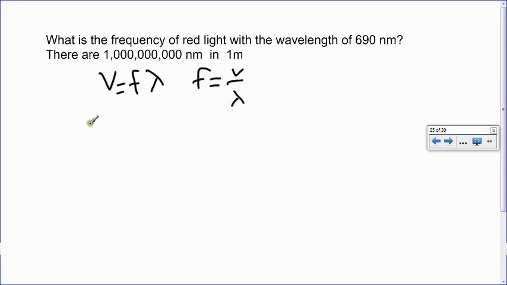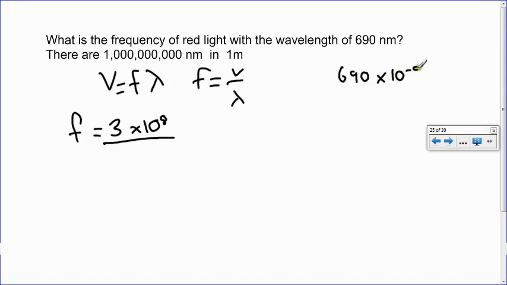And all we need to do now is substitute in the numbers. So the velocity of light is 3 times 10 to the power of 8 meters per second. And the wavelength we're given here is 690 nanometers. Oh dear, we need to try and convert that. So we know that a nanometer is 10 to the power of negative 9.